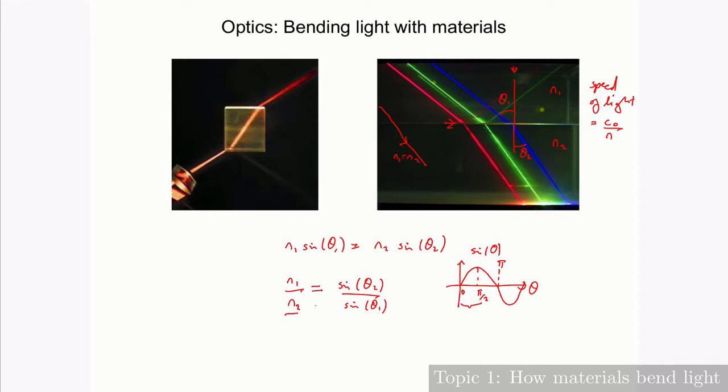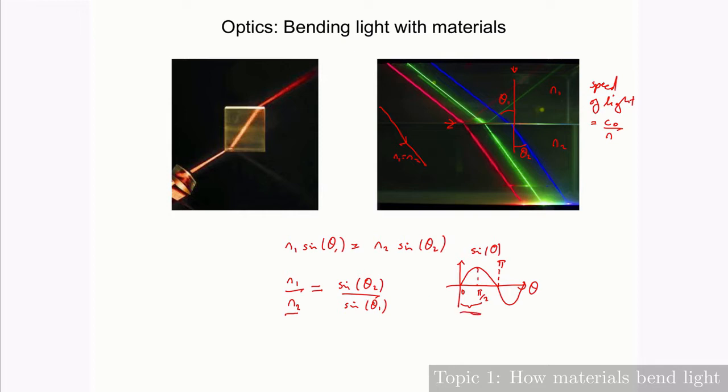Now let's take a different case. Let's imagine that n2 here is really, really big, so it's much, much bigger than n1. Then we'd have a small number divided by a big number, and that would be very close to 0. It would be a really small number overall. The only way this right-hand side could be a really small number, assuming that θ1 is just some arbitrary angle, is if sine θ2 is very small.